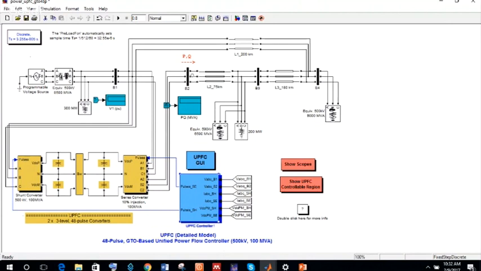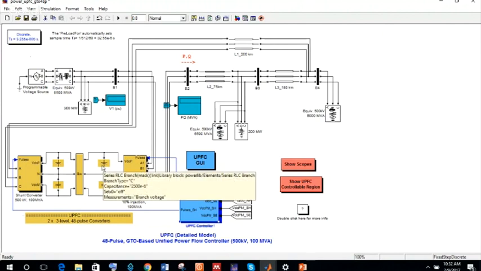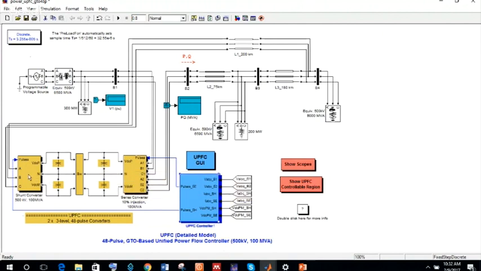Thus, there is a closed path between line voltage, series voltage converter, DC link, and shunt converter, and back to the line. So with this, there is no additional reactive power required for compensating the real power, which will reduce the losses and make the system efficiency higher as compared to other FACTS devices.